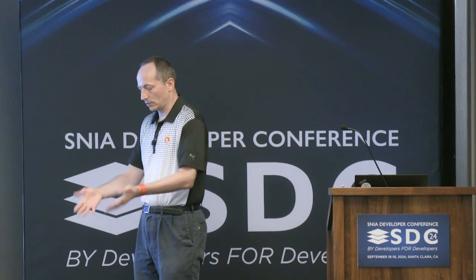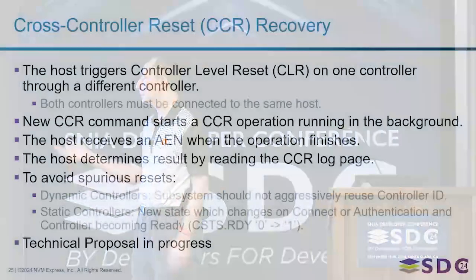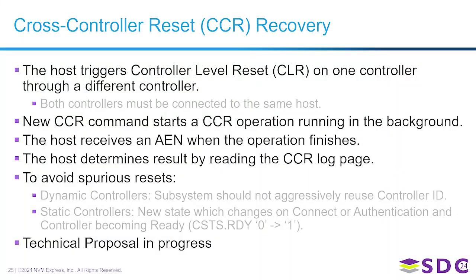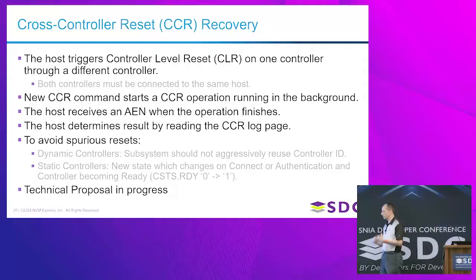Now, in addition to making sure that different hosts can't stop operation of other hosts, we also want to make sure that we don't have spurious resets. If another connection has opened up with the same controller, we want to make sure that that doesn't get shut down also. So with dynamic controllers, we're saying that we shouldn't aggressively reuse the controller ID. If there is another controller ID that you can hand out, then instead of the one you're waiting to see if the host wants to clean up, you should use a different controller ID.